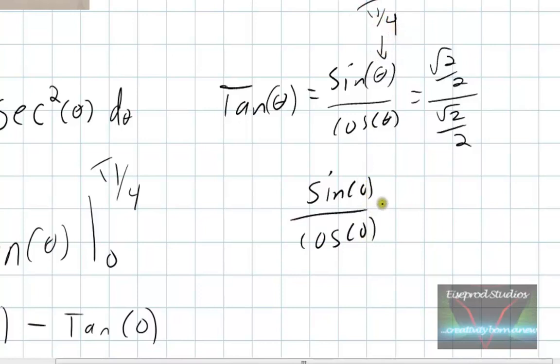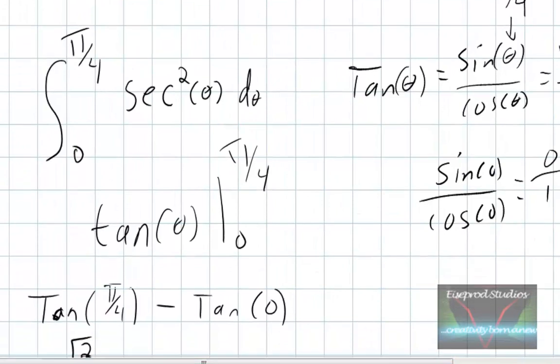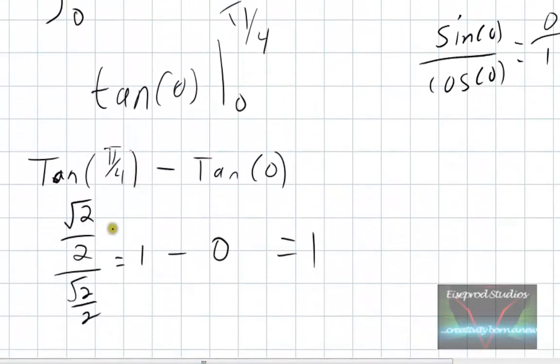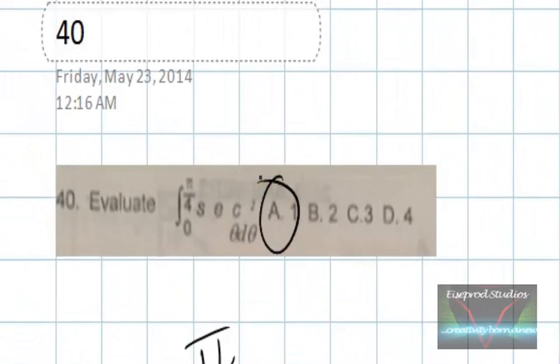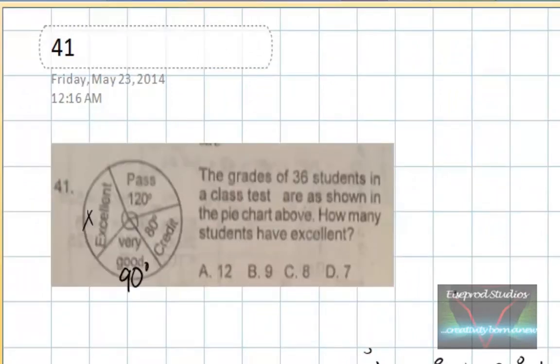Over here we're doing 0, and so the sine of 0 is 0 and the cosine of 0 is 1, but 0 divided by anything is just 0. So I showed my math over here, the root 2 over 2 over root 2 over 2, and we get 1 minus 0, which is just 1. And that's your answer.